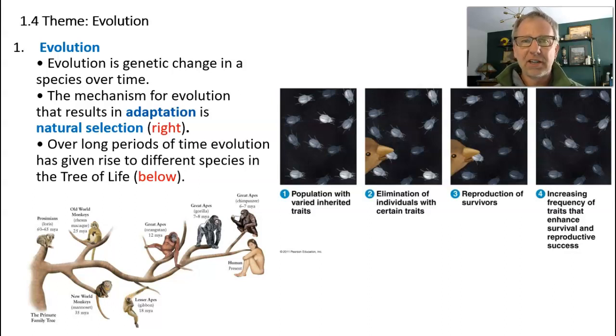And natural selection results in adaptation. Let me define what adaptations are. Adaptations are features, characteristics of organisms that give them a better chance at surviving and reproducing. That's what an adaptation is.